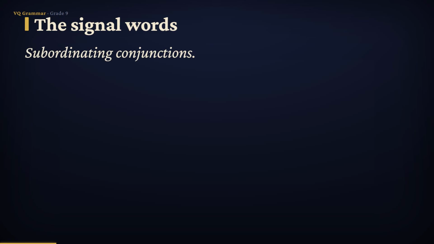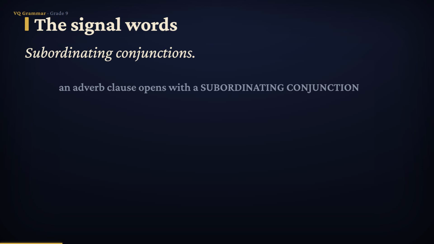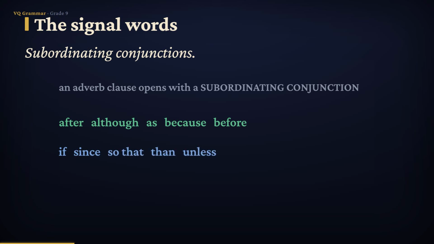So how do you recognize an adverb clause when you see one? It almost always begins with a special signal word called a subordinating conjunction. Here are the ones you'll meet most often: after, although, as, because, before, if, since, so that, than, unless, until, when, whenever, where, while.